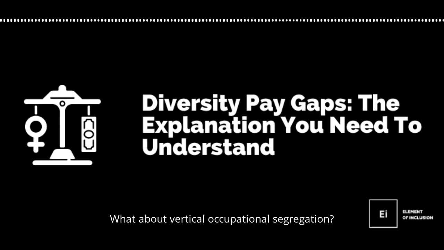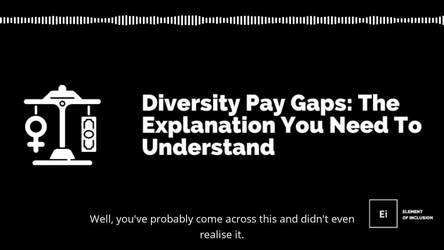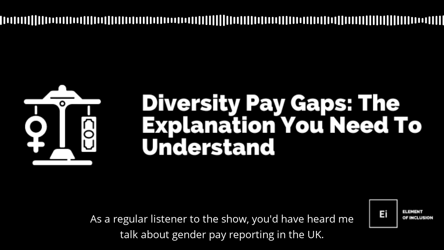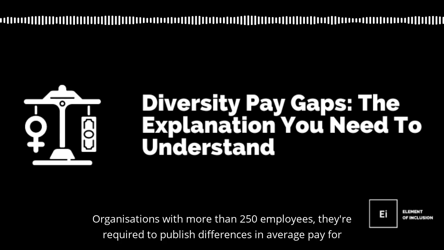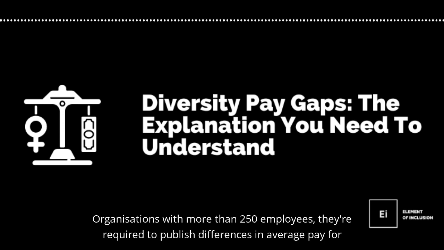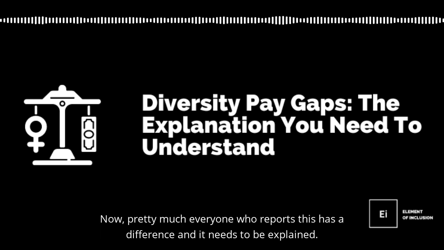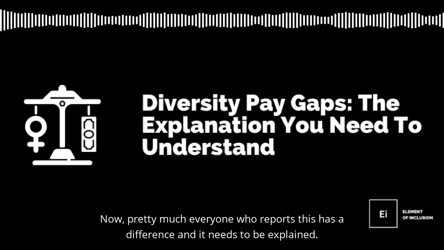What about vertical occupational segregation? Well, you've probably come across this and didn't even realize it. As a regular listener to the show, you'll have heard me talk about gender pay reporting. In the UK, organisations with more than 250 employees are required to publish differences in the average pay for men and women. Now, pretty much everyone who reports this has a difference and it needs to be explained.